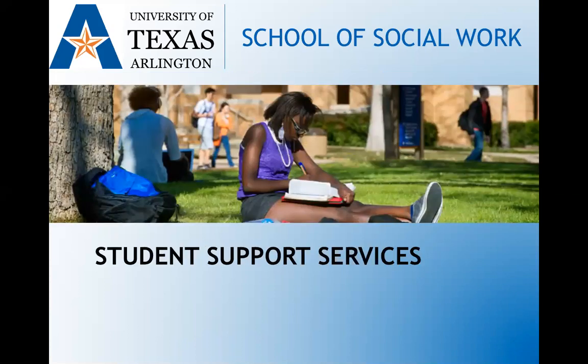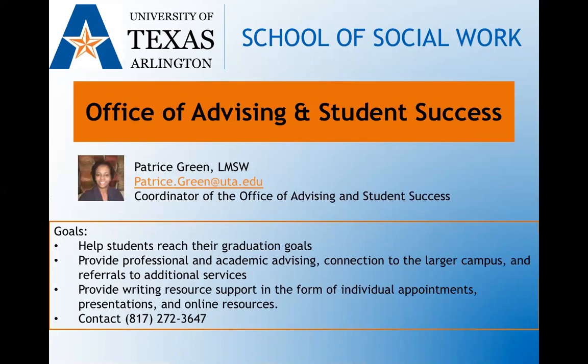We have a number of student support services in place, both here in the School of Social Work as well as in the larger university, to support you along your journey. I know that graduate school can be tough sometimes, especially when life gets in the way, which it often does. And so we have a number of people and resources available to help you.